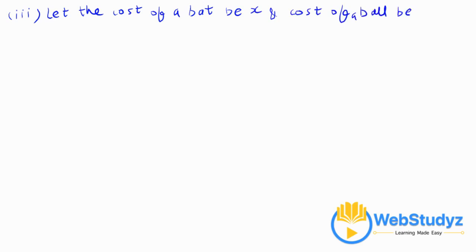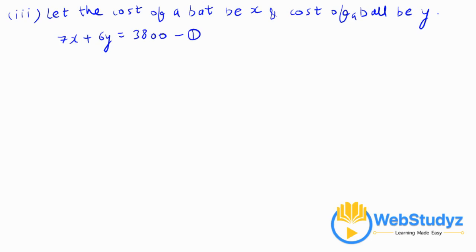So let the cost of a bat be x and cost of a ball be y. Now according to the question, 7x plus 6y equals 3800.